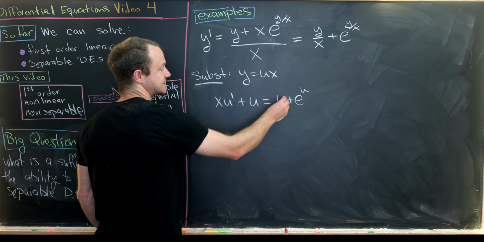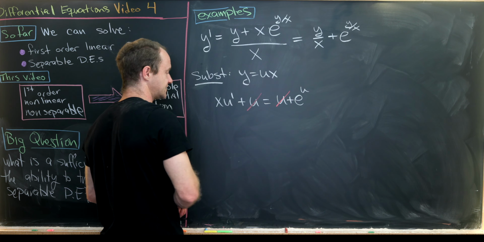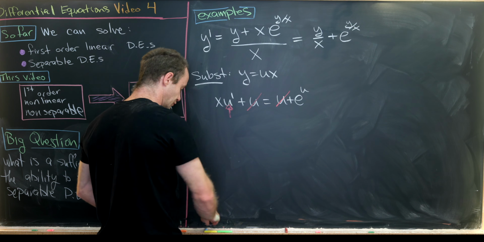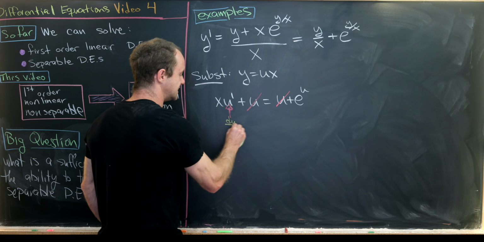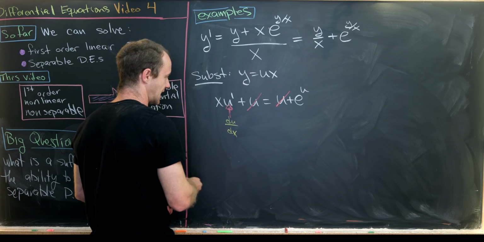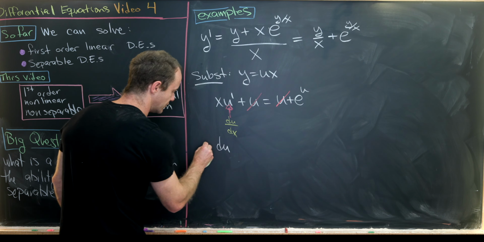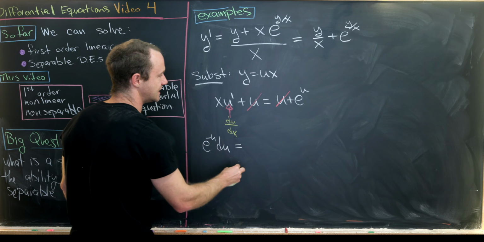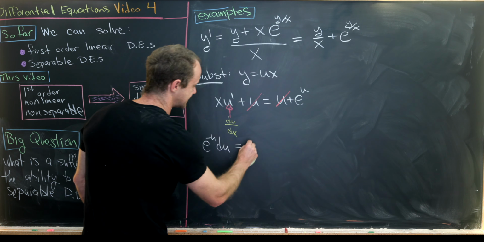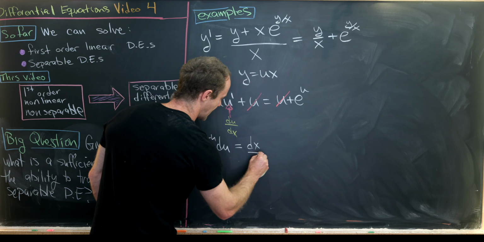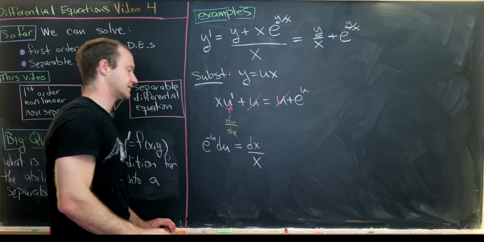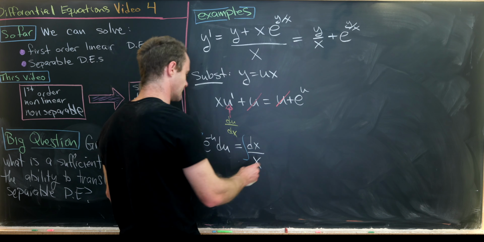So we'll start by noticing that this u will cancel with this u, and then we can write this u prime as du by dx, allowing us to sketchily write du over e to the u, which is the same thing as e to the minus u, equals, let's see, dx over x after we move everything around. And then we'll take the antiderivative of both sides.